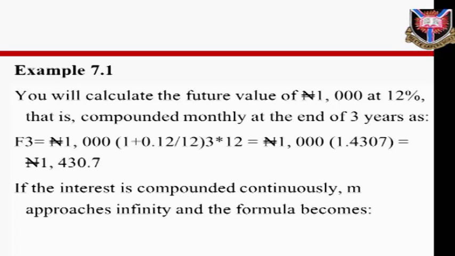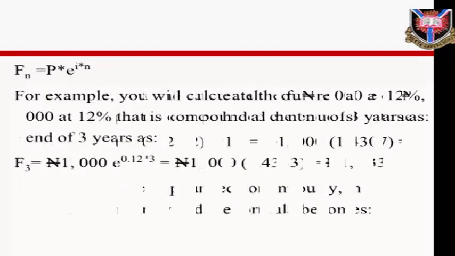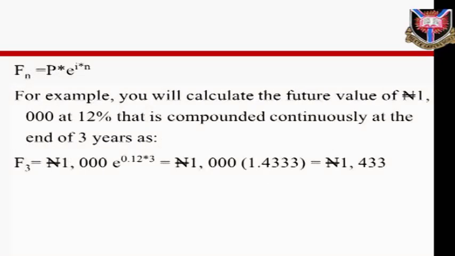If the interest rate is compounded continuously, M approaches infinity, and the formula becomes Fn equals P times e to the power I times N.